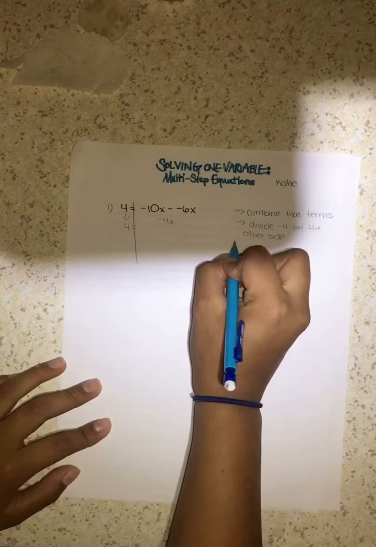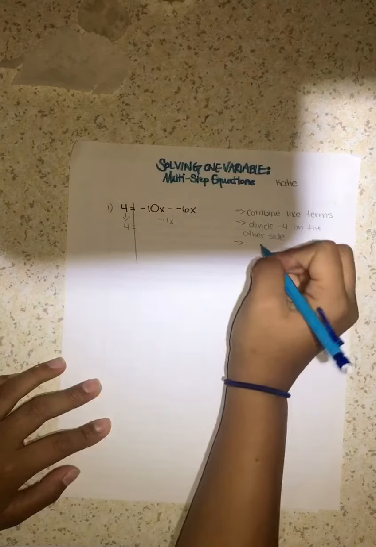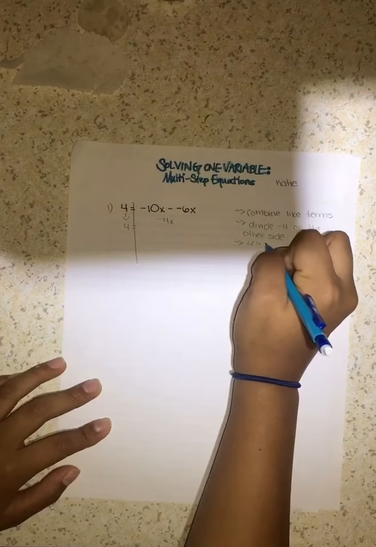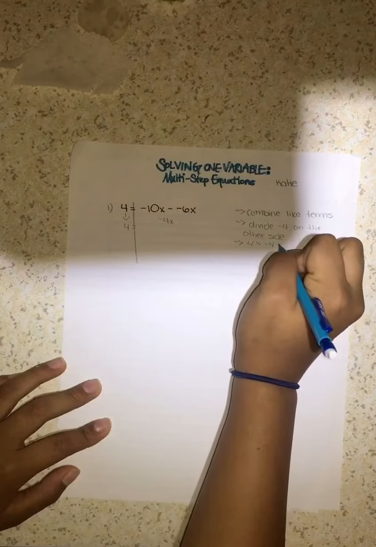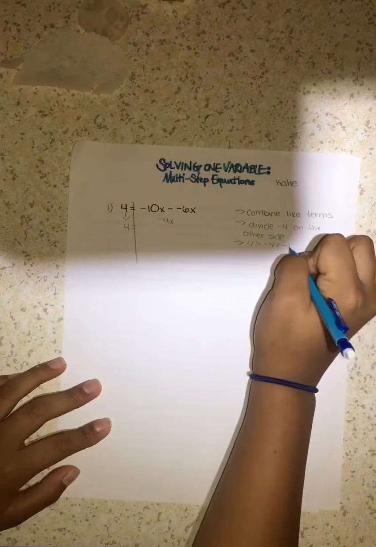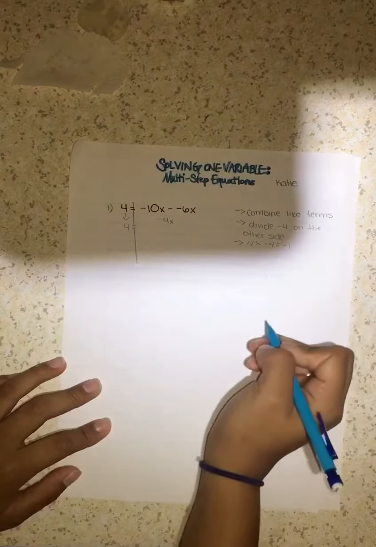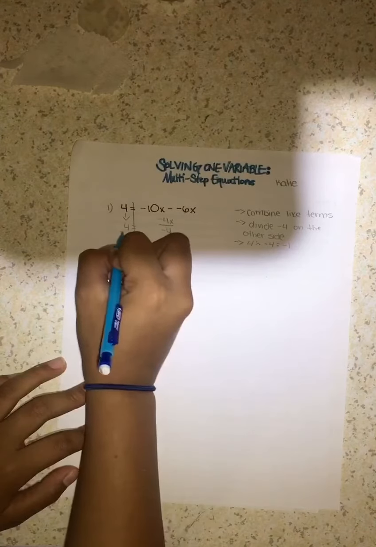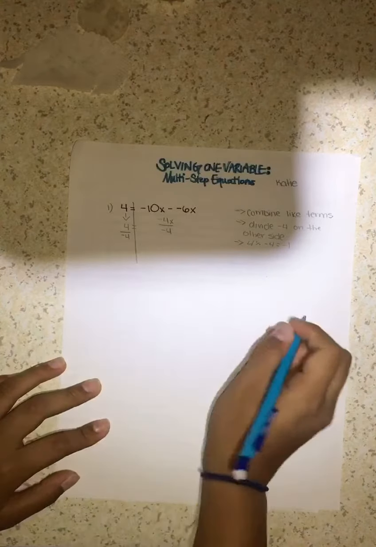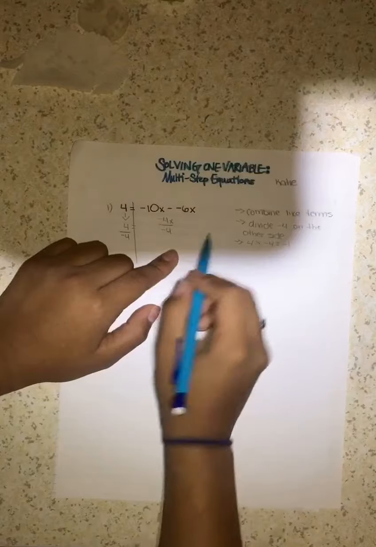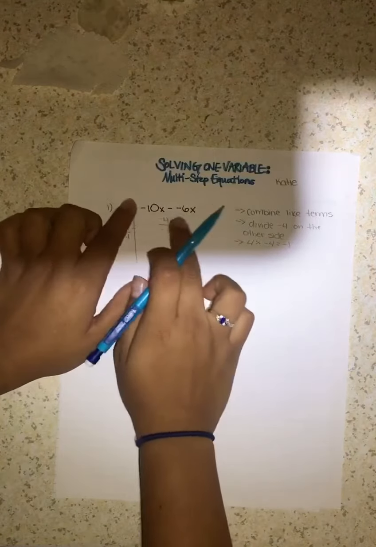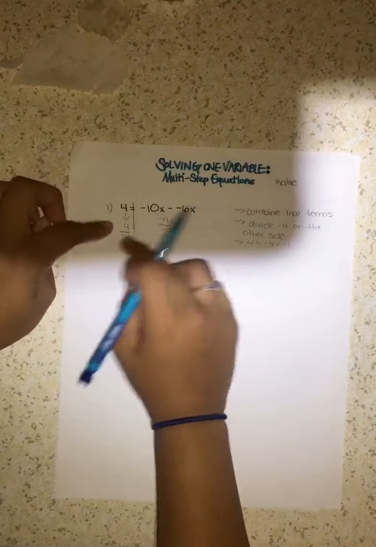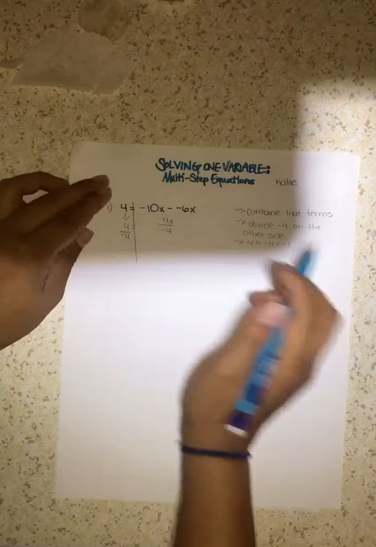So our other step is going to be 4 divided by negative 4, which should equal negative 1. And we're just going to put it here, negative 4x divided by negative 4. The reason I'm doing this is that since we already have our answer on this side, to get our final answer we're just going to have to divide it by this side over here.